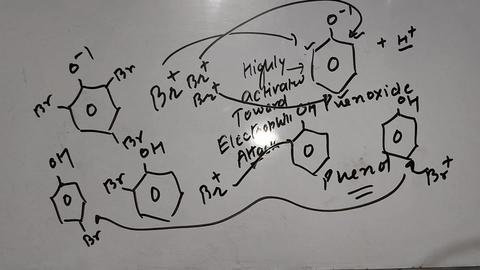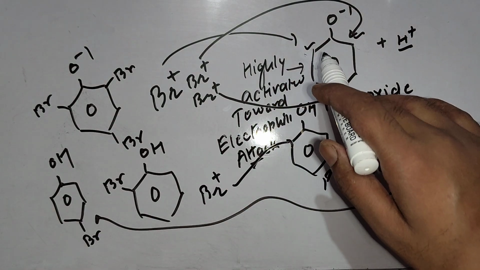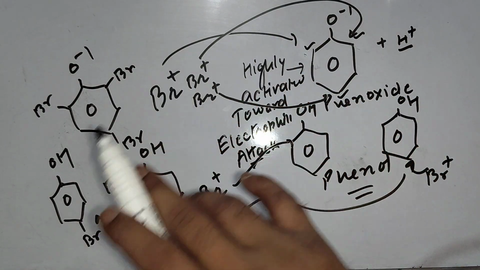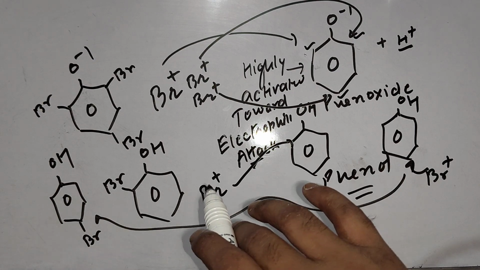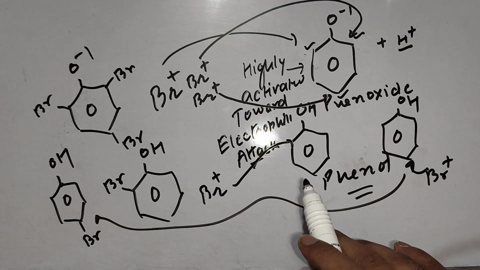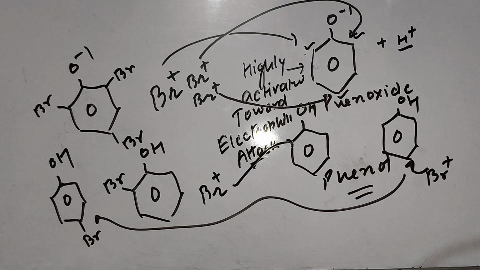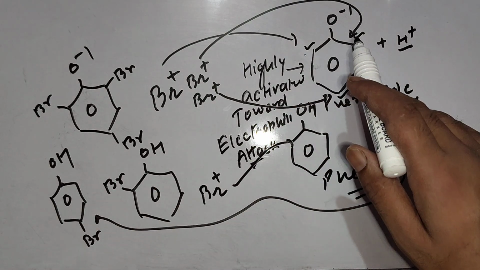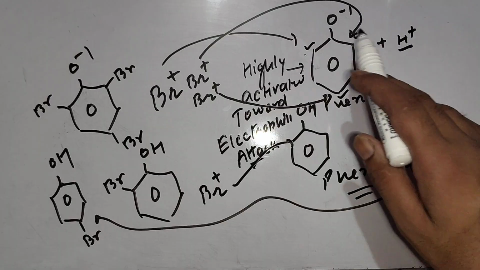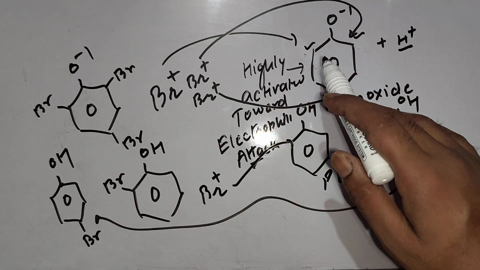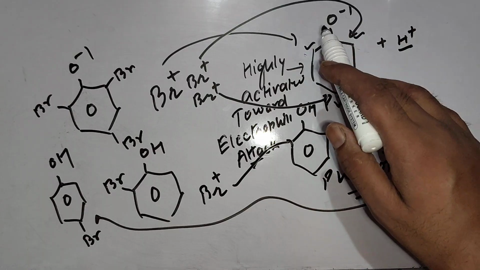So this is the reason why, when phenol reacts with bromine in the presence of water as a solvent, we are getting a tri-substituted product. And when phenol reacts with bromine in the presence of CS2 and CCl4, we are getting only ortho and para-substituted products. Because in water, the phenol is turning into phenoxide ion. And the phenoxide ion benzene ring is highly activated by the donation of electrons from the oxygen.